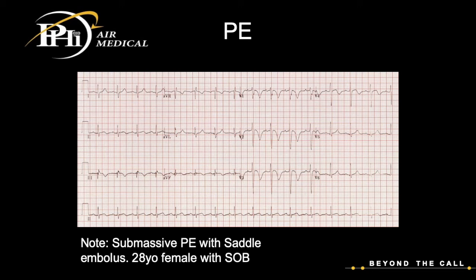So we have flipped T waves in V1 through V4 and the inferior leads. This was that 28-year-old female with the submassive saddle PE that needed to be surgically pulled out. This was a very, very sick 28-year-old female. So, big flipped T waves in V1 through V4, as well as the inferior leads: this is a pulmonary embolus.